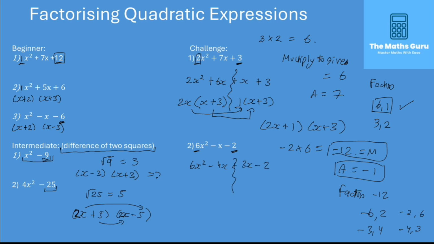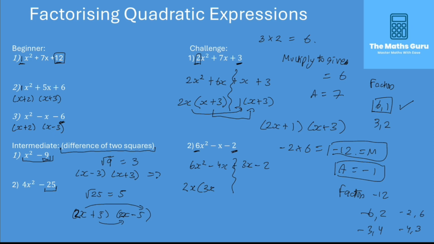Draw a line down the middle. Take out the highest common factor between 6x squared and minus 4x. So we can see the numbers between 6 and 4, we can take out a factor of 2. Then we have x squared here and 1x here, so we get x like that. Then from 2x to get to 6x squared, we take out 3x.